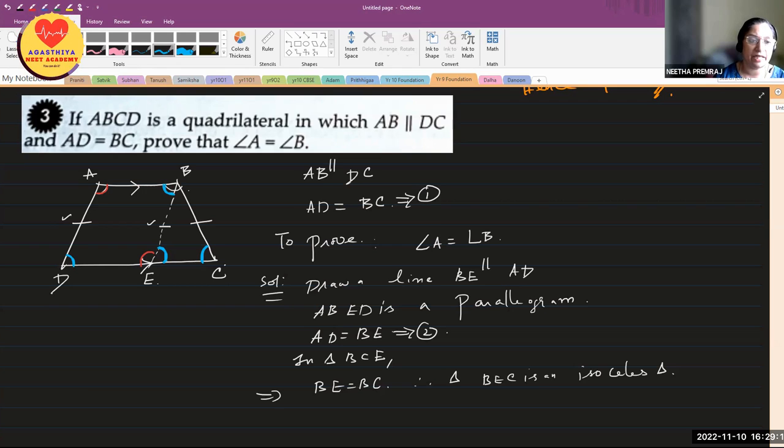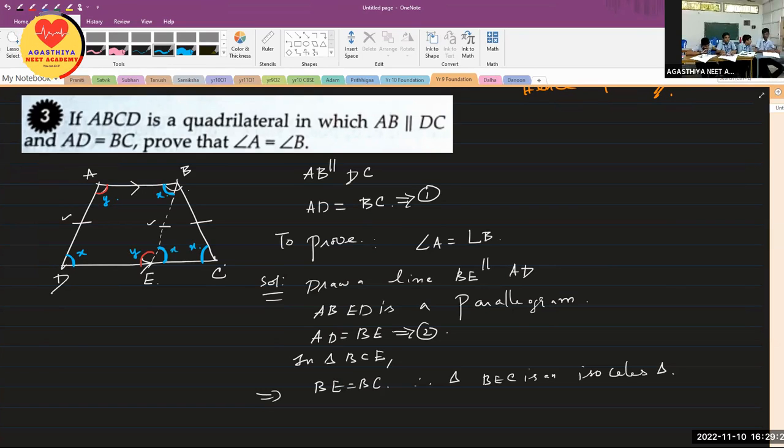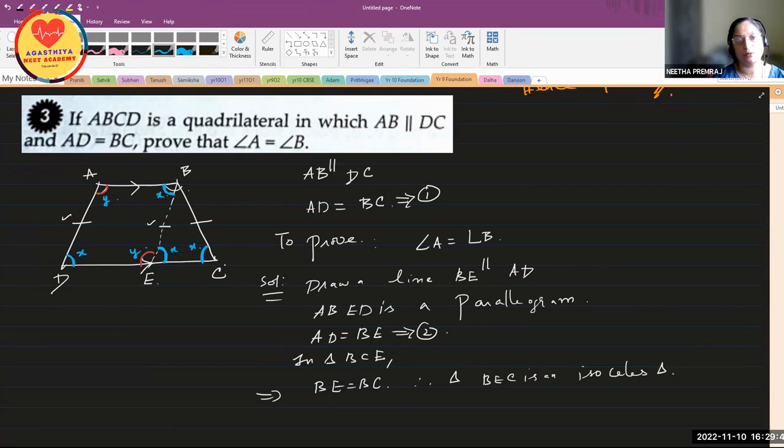Okay. Then I name this as X and this as Y. Wait, one second. Okay, guys. See, I just named this as Y, this as X. I don't want to confuse you.